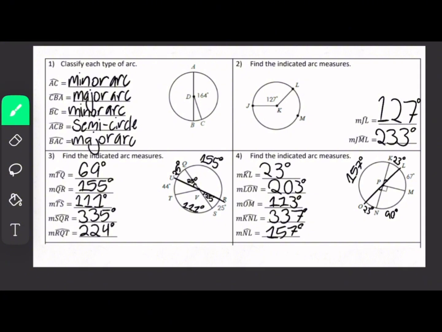And then 180 minus 157 is 23, which would find you this and this angle because they're vertical angles, which means that KO is also going to be 157.